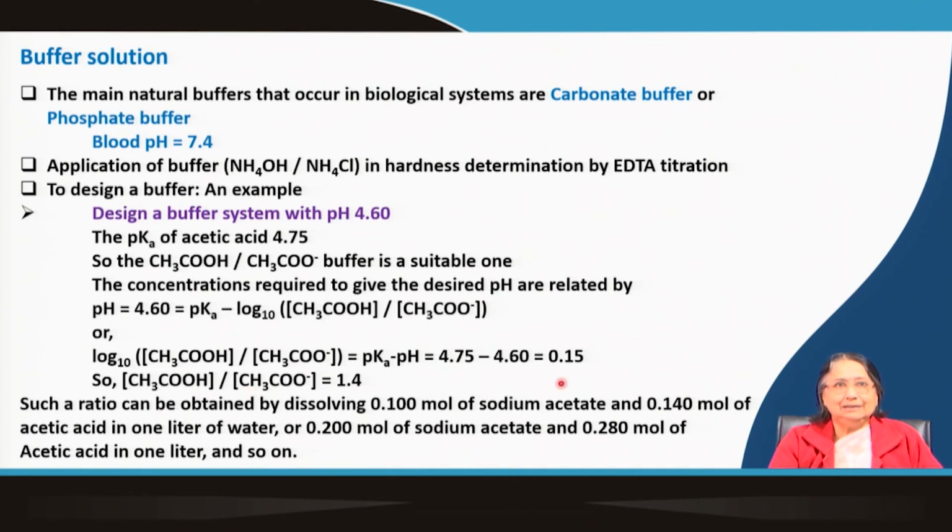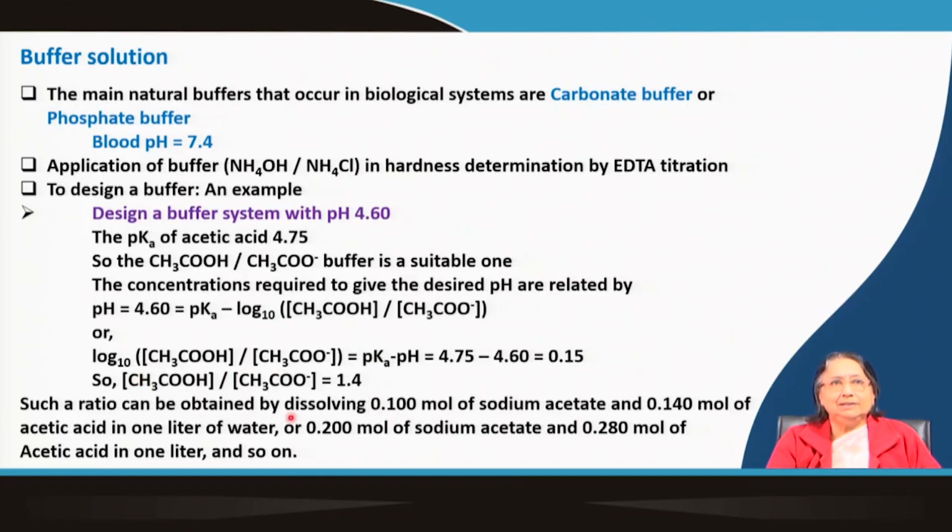So the ratio, concentration of acid by concentration of salt, should be 1.4. To design a buffer for our purpose of pH 4.60, the ratio will be 1.4. We can choose the concentrations, but the only thing is the ratio should be 1.4.